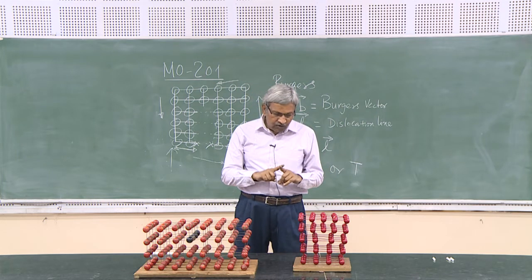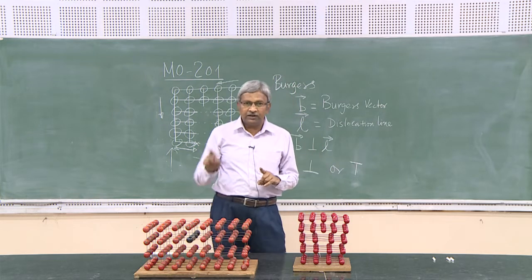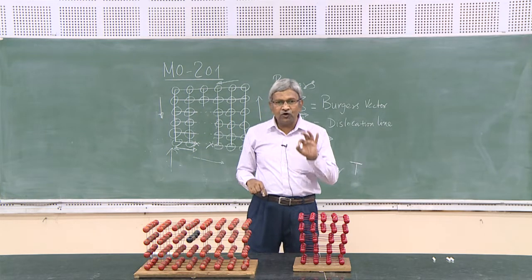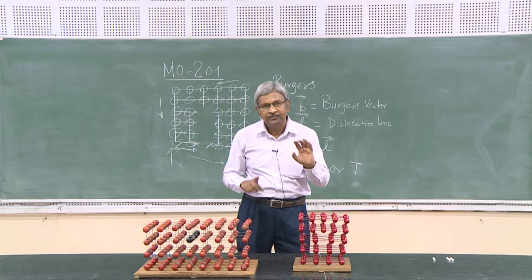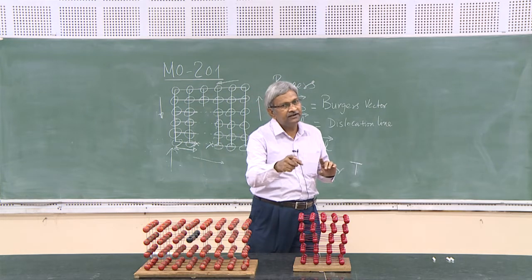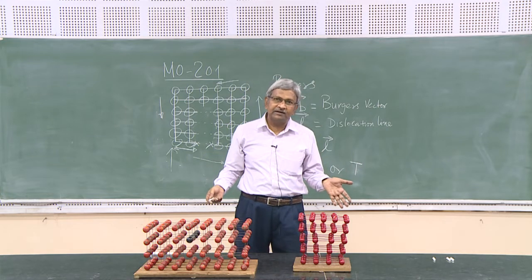There is a closure failure of the circuit. Third point is that the line of dislocation goes from one surface to the other side. So, dislocation always terminates at the surface.